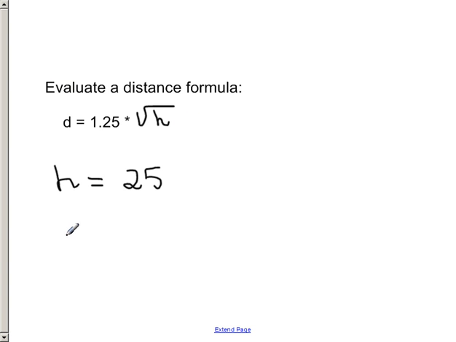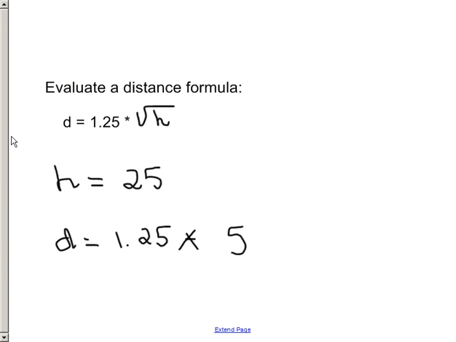So d equals 1.25 times the square root of h, or the square root of 25, which would be times 5. I didn't write that too well. Let's see if I can erase that and do a little bit better. So 1.25 times, and we said the square root of 25 is 5. When we multiplied those two numbers, we would learn what the distance equaled.